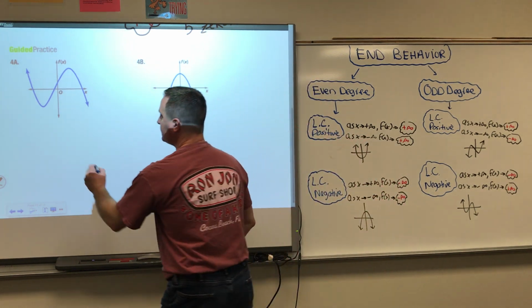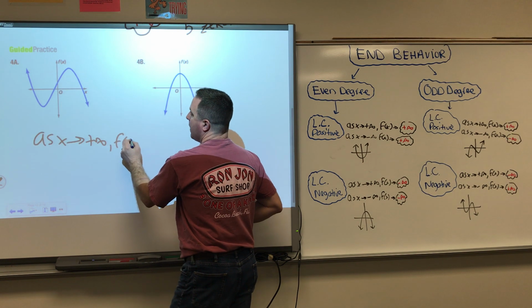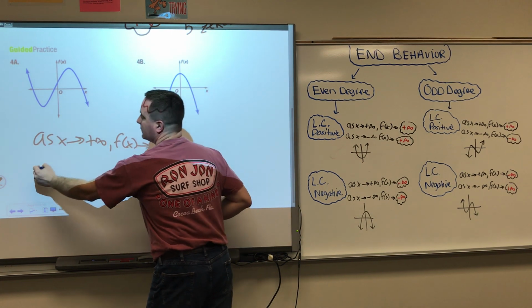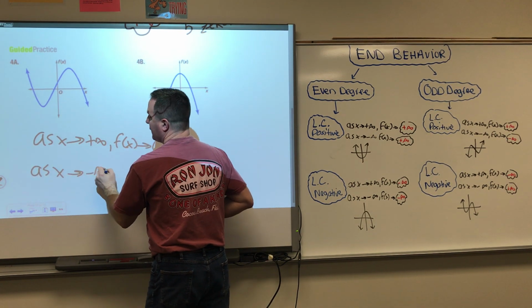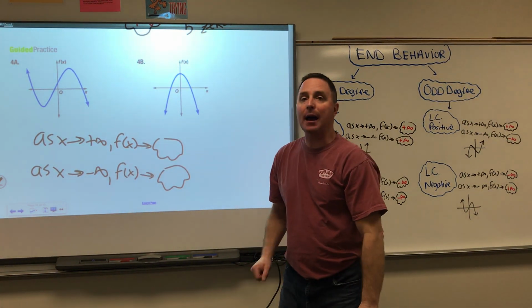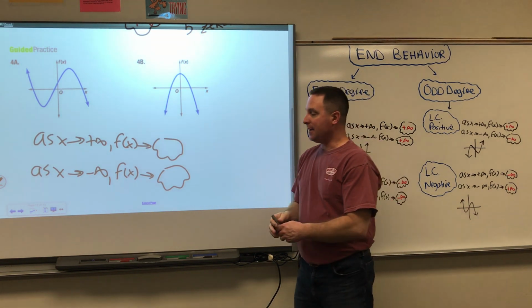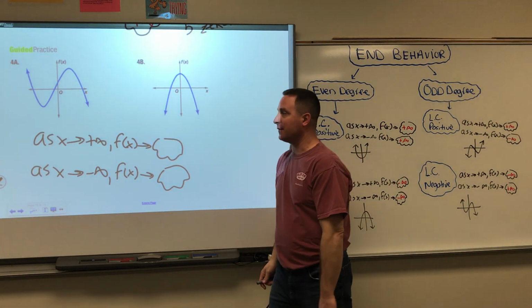As x goes to positive infinity, what happens to f of x? And as x goes to negative infinity, what happens to f of x? And again, in describing the end behavior, that needs to be on your paper. You can't just write positive infinity or negative infinity.